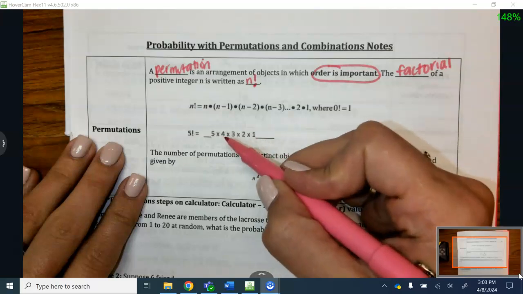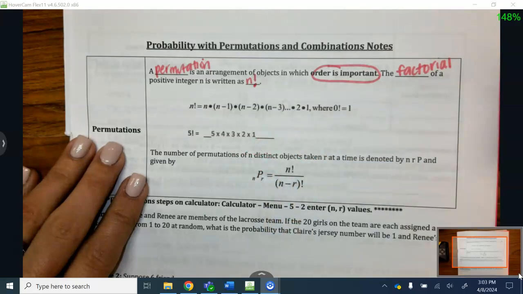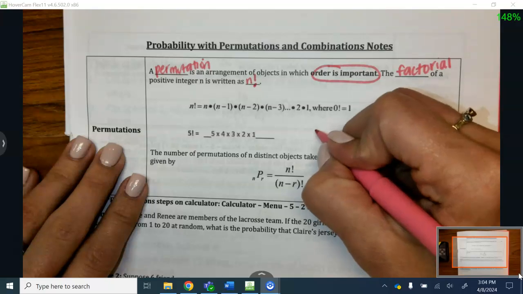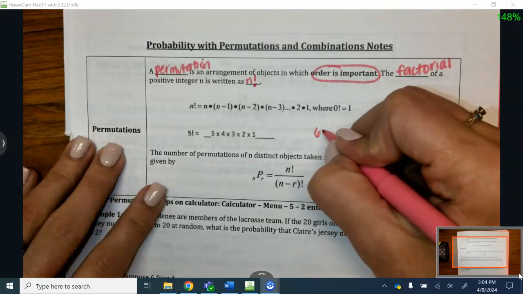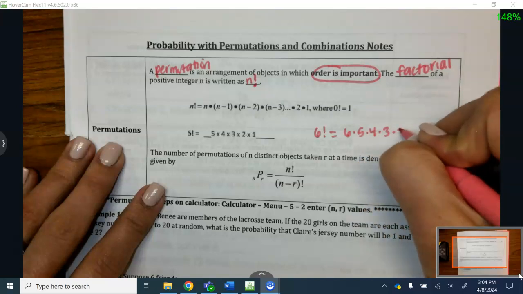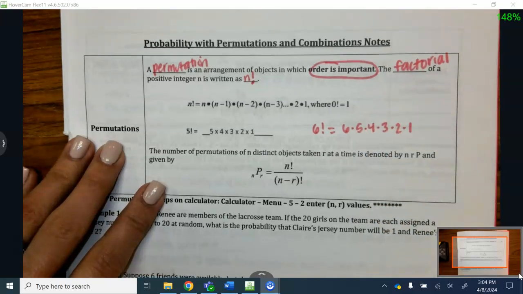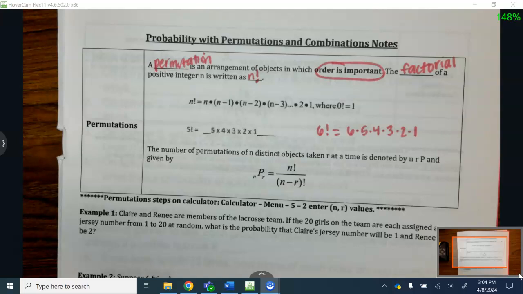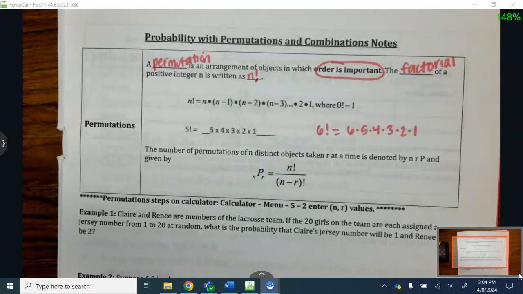So 5 times 4 times 3 times 2 times 1, right? If I did 6 factorial, that would be 6 times 5 times 4 times 3 times 2 times 1.